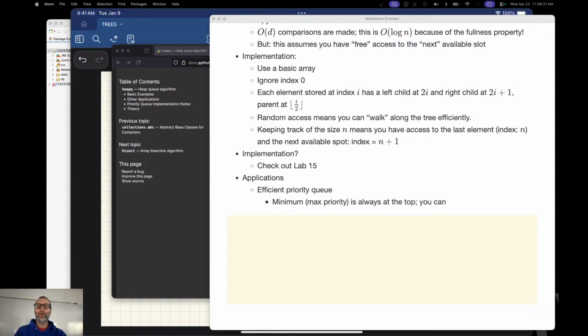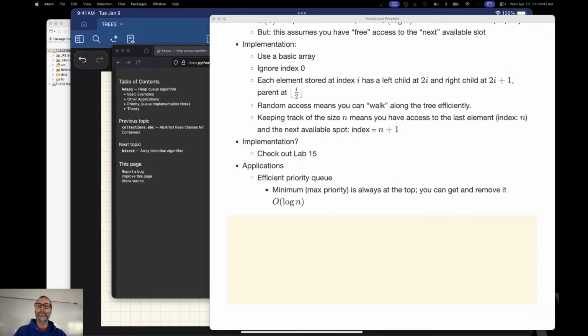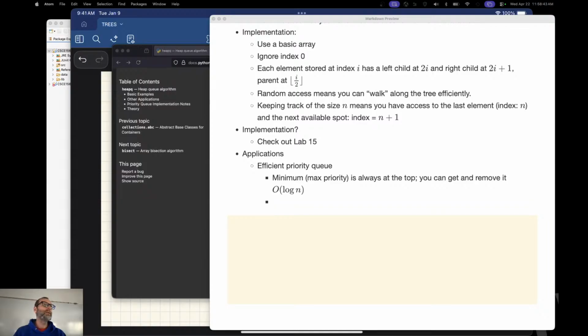You can get and remove it with order log n. Log n. There we go. Right? And what about putting stuff in? Enqueuing something is also order log n. Except that now it's more like a priority queue now.